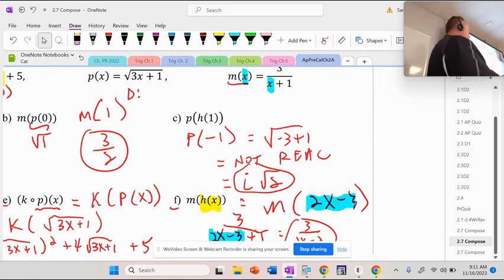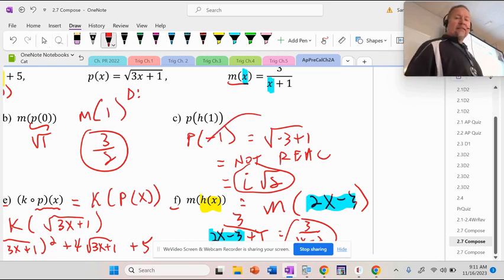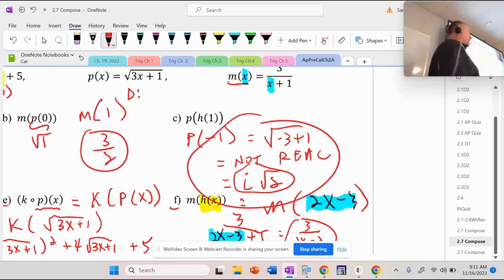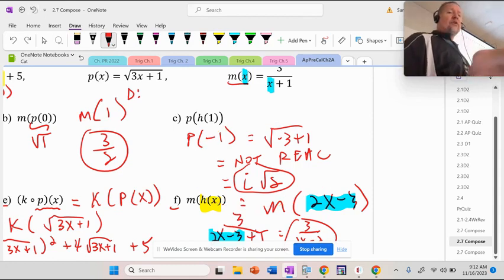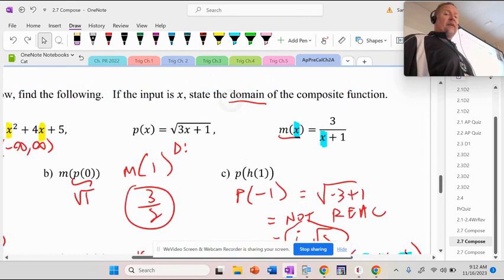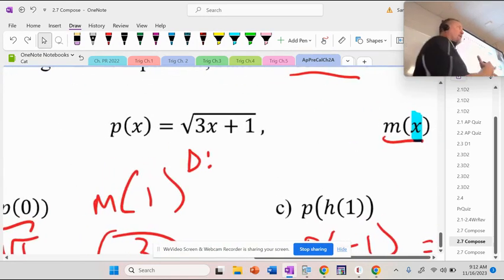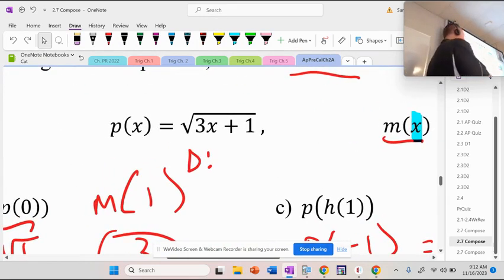The problem is an imaginary number doesn't graph. The graph doesn't exist for this point. So the domain is only the parts that actually graph. So I can never take the square root of a negative.